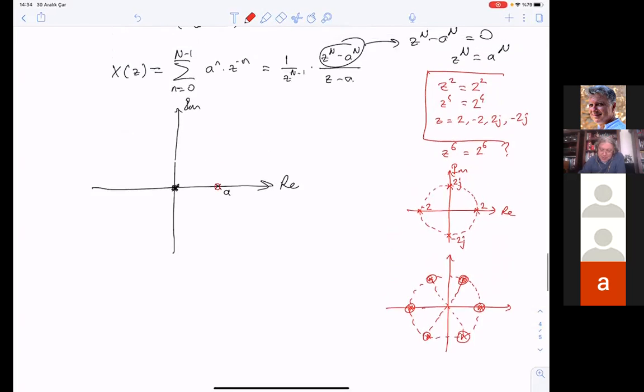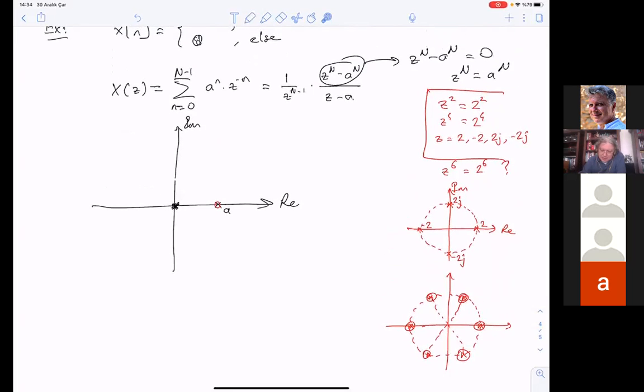Now, coming back to z to the n minus a to the n is equal to 0 solution. So z to the n is equal to a to the n. What we really need to do is divide this 2 pi circle into capital N equal angles, depending on the value of capital N, of course. They will be all along the circle, like this.